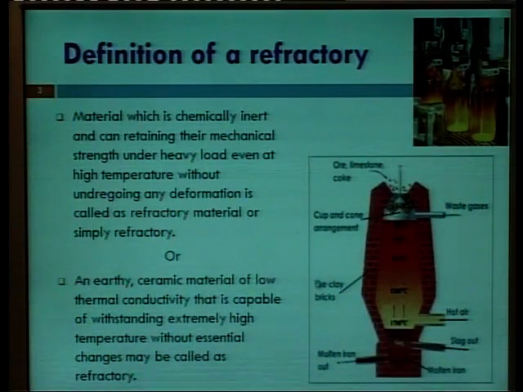That material is selected not only because it should give support and withstand high temperature, but also because it should not react with any slag coming out of the furnace, even at the prevailing temperature at which these ceramics or refractory materials are being used.